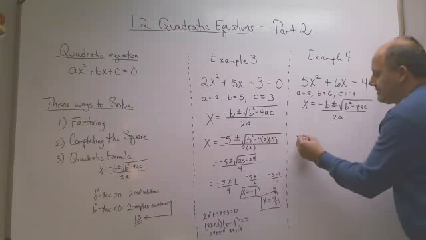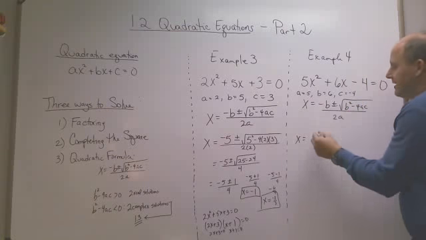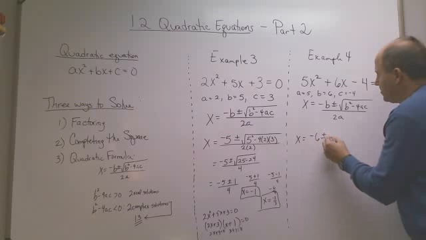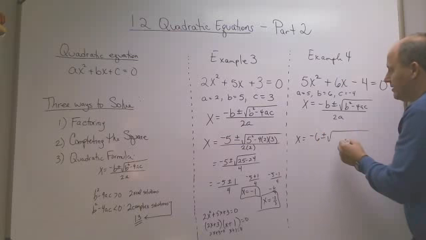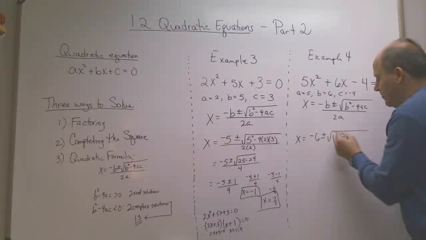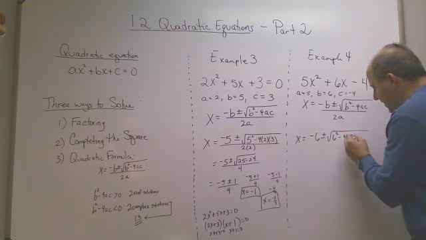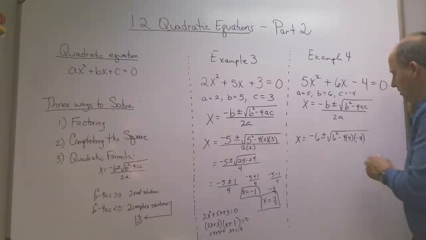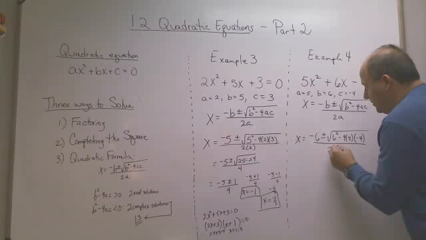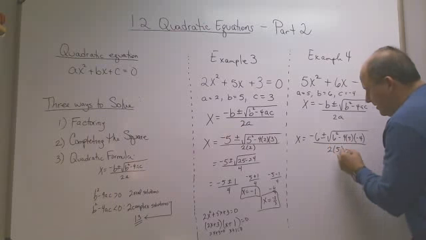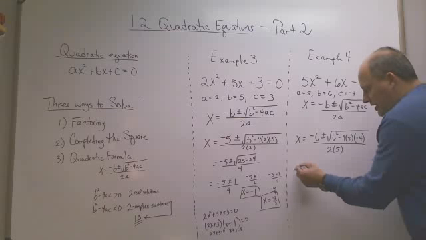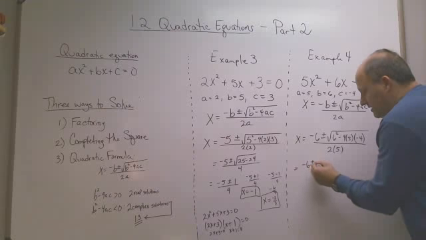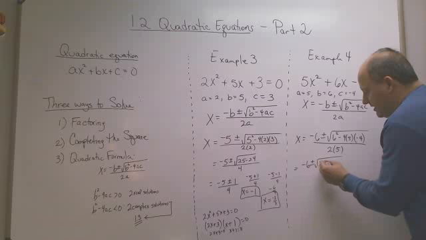So x is the opposite of b, so it's negative 6, plus or minus the square root of b squared, so 6 squared, minus 4 times a, which is 5, times c, which is negative 4, all over 2 times 5. So that's negative 6 plus or minus the square root of 6 squared, which is 36.